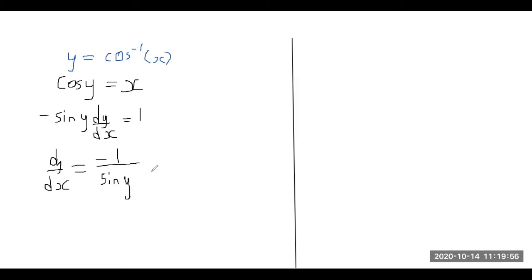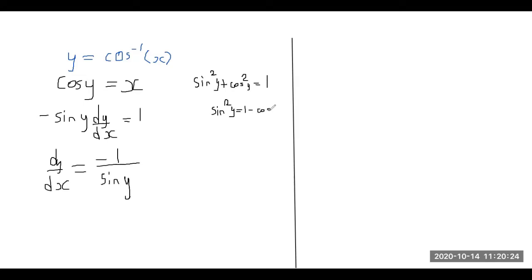But remember what we had said, that sine square plus cos square is 1. So just to recall, sine square y plus cos square y is equal to 1. And so what we're then saying is that sine square y is equal to 1 minus cos square y.